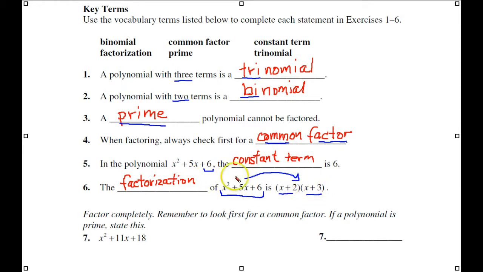Remember, the FOIL brings it this way. Factoring brings it this way. So if this is the trinomial, these are the factorization of that trinomial. And that's what we're going to be working on as we go through the next few examples.